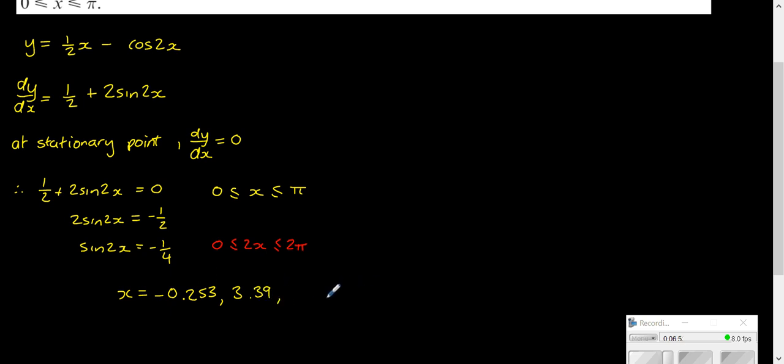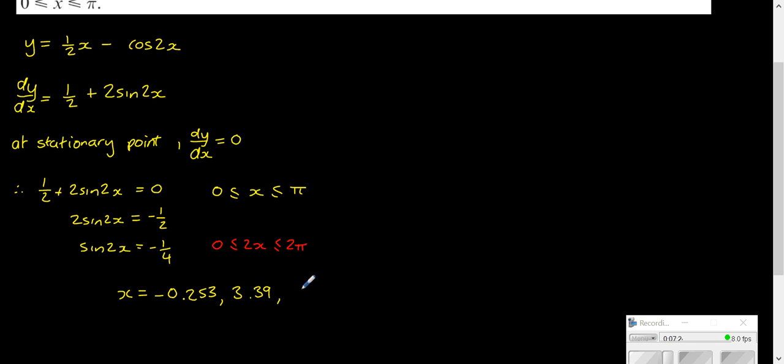Now we should keep collecting solutions that are between 0 and 2 pi. So we've got 3.39, which is between 0 and 2 pi. Remember, 2 pi is about 6.28. And so to find the next one, we'll go back to our minus 0.25, and we will add 2 pi radians to this, because the sine curve repeats every 2 pi radians.